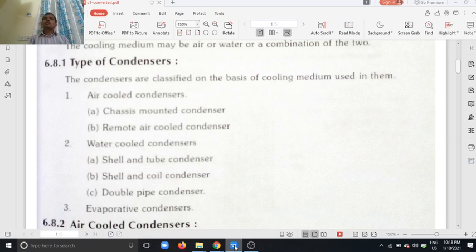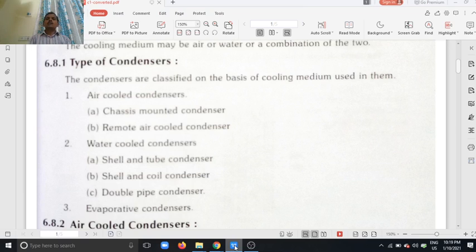The remote air cooled condenser means the condenser is located away from the compressor, on the side of a wall or outside the room.